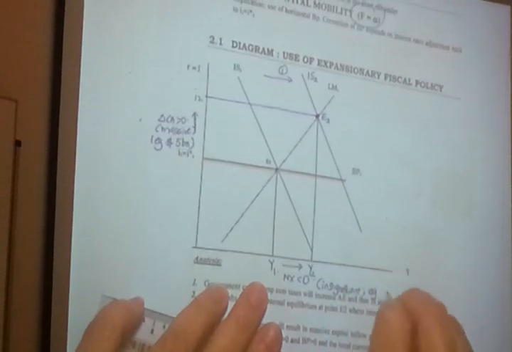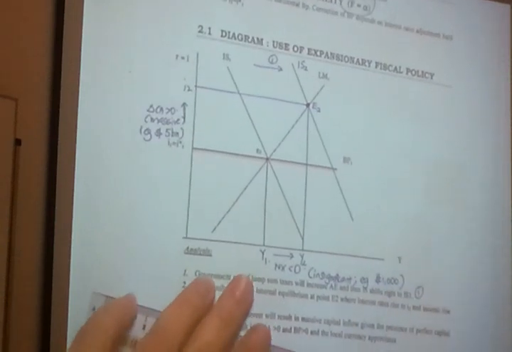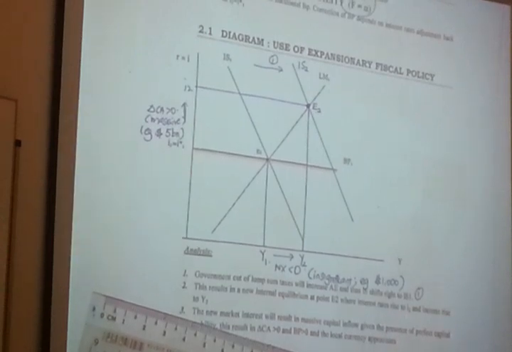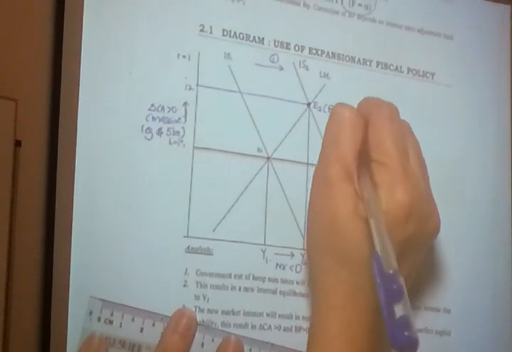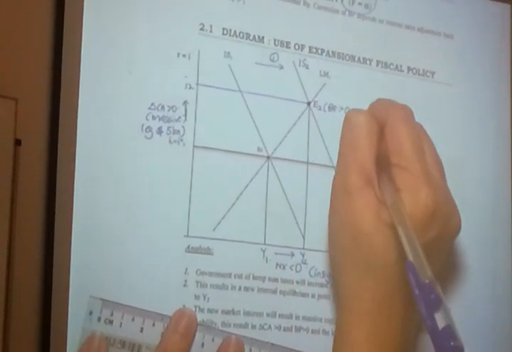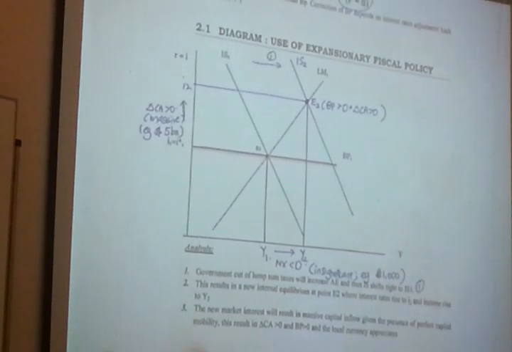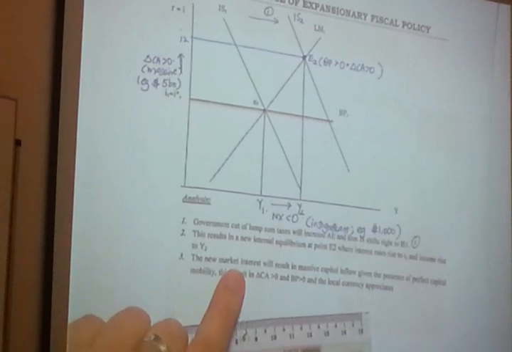For example only $1,000. I deliberately put a very small number. Take 5 billion minus 1,000, it is still 5 billion. So the BP in this case at point E2 is a surplus, and not only that, it is actually equal to the capital inflow, which is explained to you in step 3.